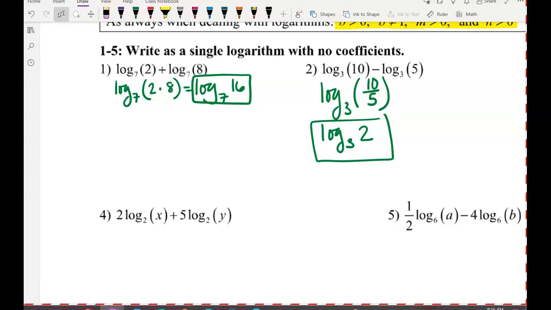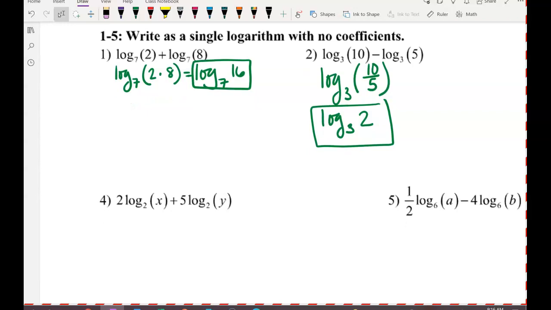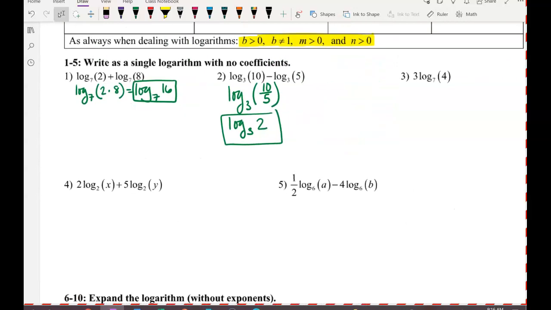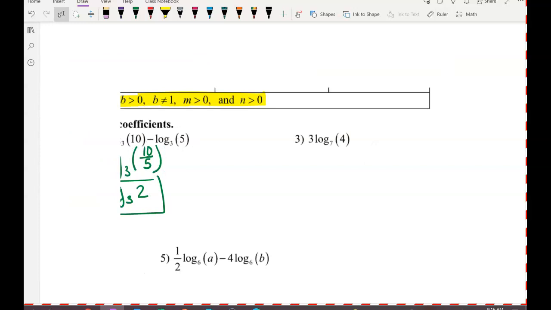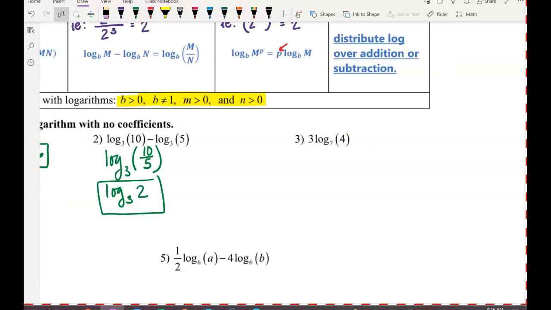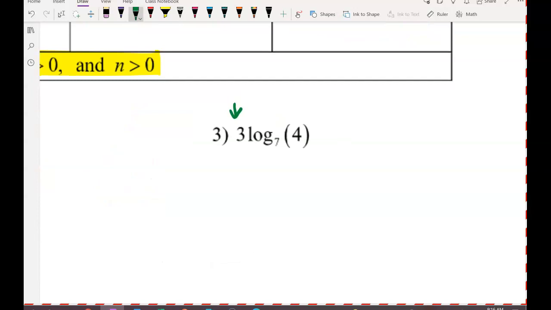All right. Number 4. 2 times... Oh, I did it 3 because I covered myself. Okay. The instructions here, students, say to rewrite it with 1 log with no coefficient. Can you see this right here? No coefficient. This is your coefficient right here. So we don't want that there because it said so. How do we rewrite it when it's 3 times log base 7 of 4?